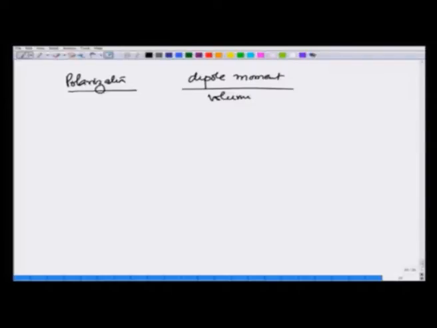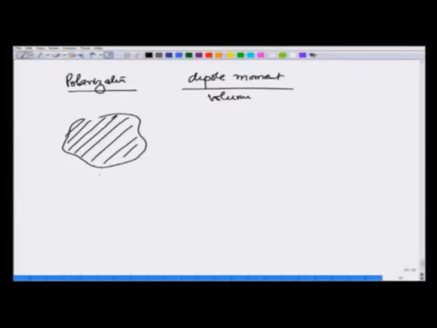So, if I have a material, okay, this is a solid material, and inside if I take a small volume dV, then the dipole moment of this small infinitesimal volume, so let us call it infinitesimal dipole moment dP, is equal to P dV, and this is known as the polarization or polarization density.